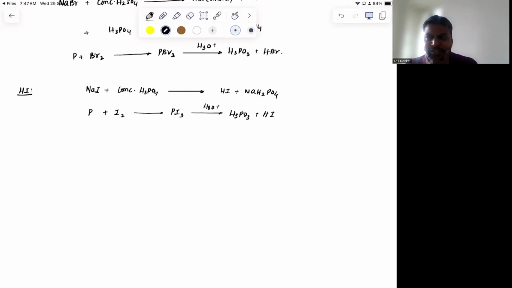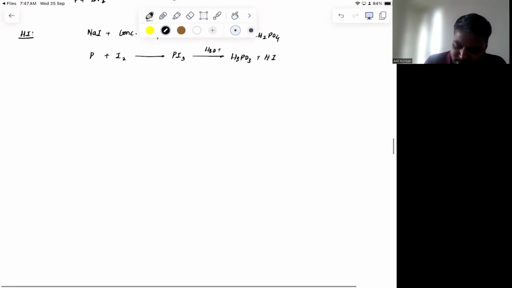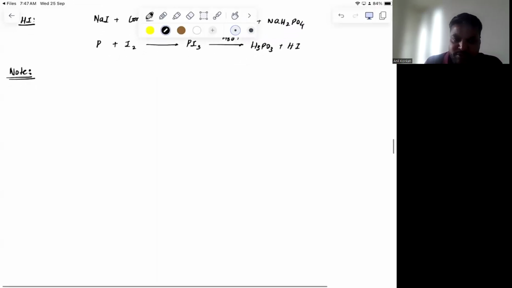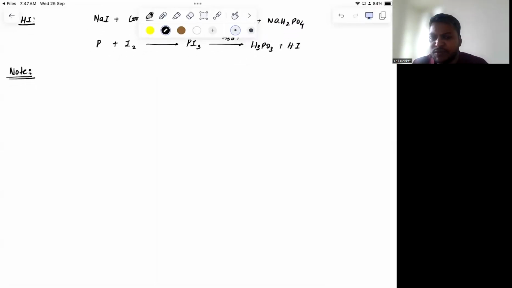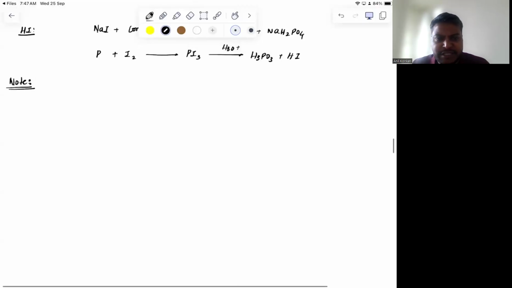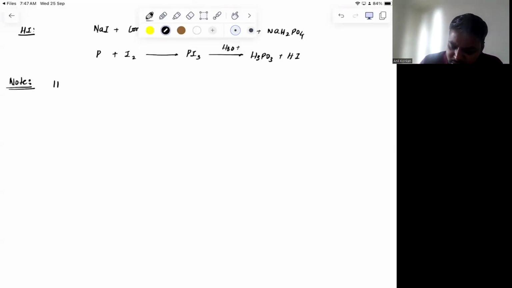Now, there is one important thing about HF. Like I said, if you keep it in a concentrated amount, the K value will increase. Similarly, note here, if HF is in a non-aqueous solvent, like N2O4 or H2SO4, what would happen?